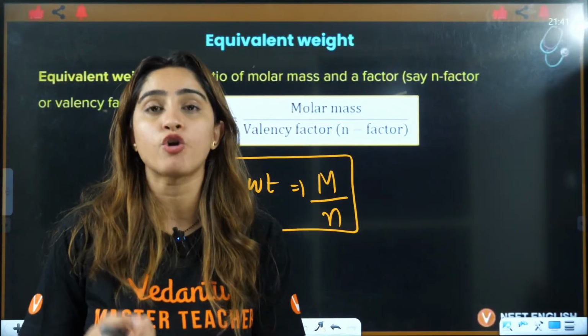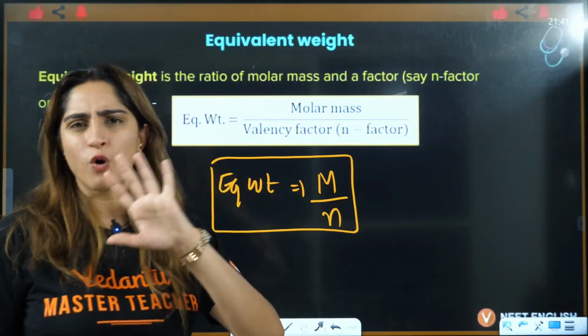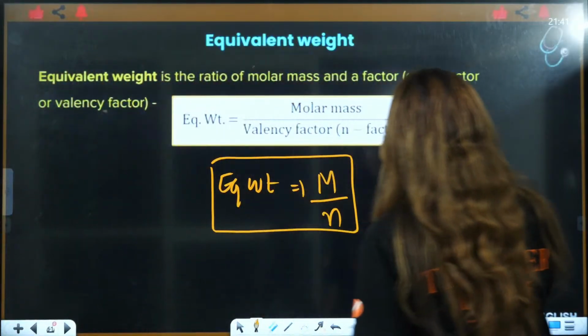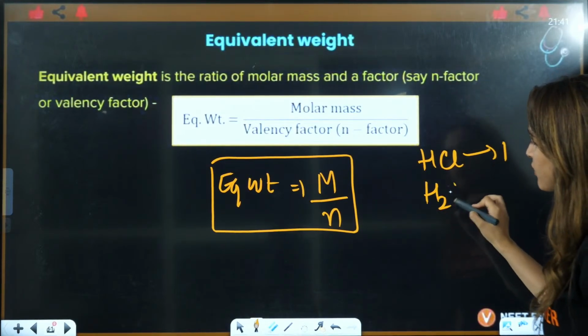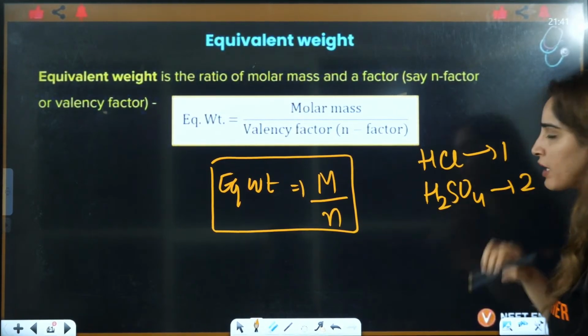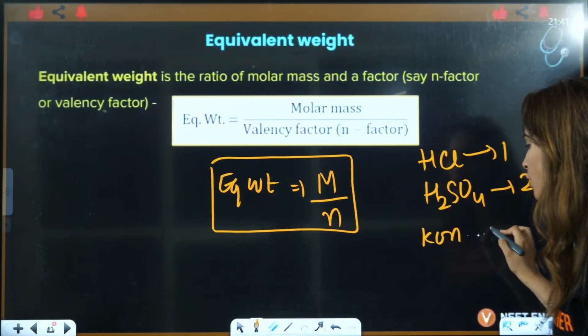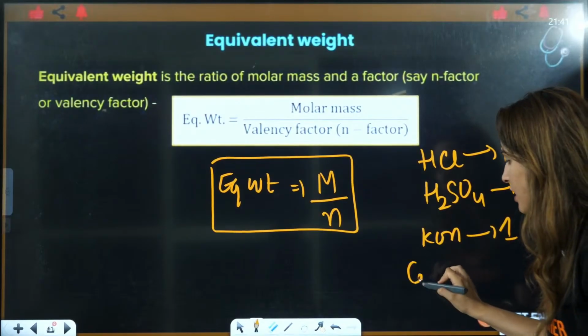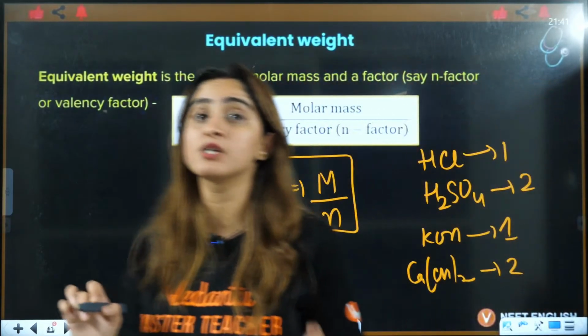I'll take up a lecture on n factor specially. In simple terms, HCl gives 1 H positive, so n factor is 1. H2SO4 gives 2 H positive, so n factor is 2. KOH gives 1 OH negative, so n factor is 1. Ca(OH)2 gives 2 OH negative, so the answer is 2.